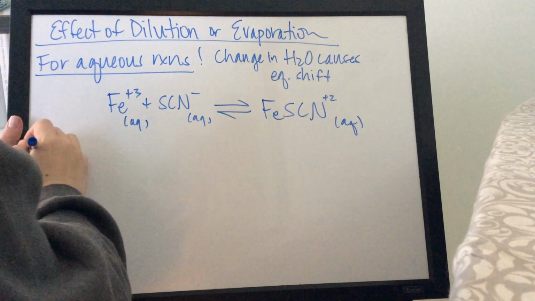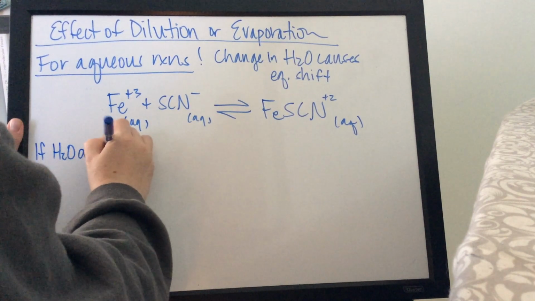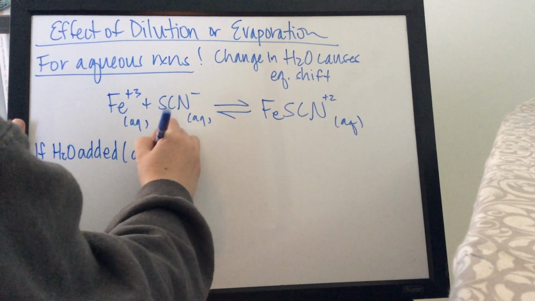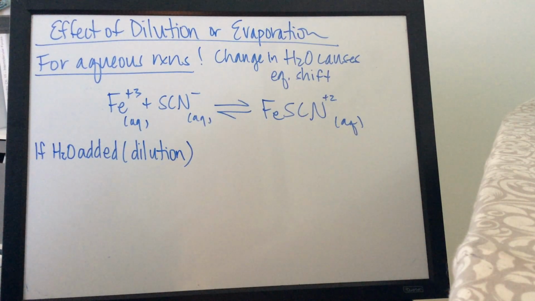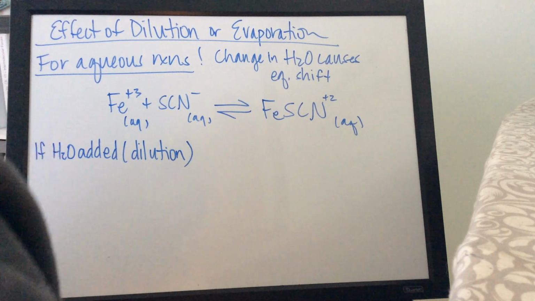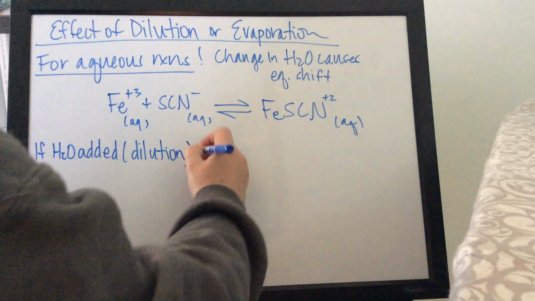Okay, so let's say we add H2O to this, which would be a dilution, right? So we have some beaker, this reaction's at equilibrium, and I dump some more water in it. So I upset the equilibrium. It's too dilute, okay? There's not enough of your solute, so to speak. So I need to increase the amount of solute that is present.